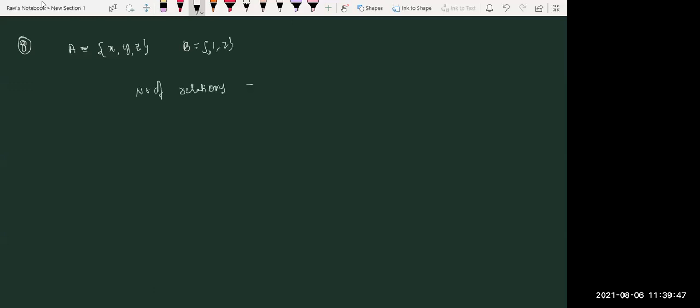How to find the number of relations? 2 power n of A into n of B. Very good. n of A is 3, so 2 power 6. What's the value of 2 power 6? 64. 2 power 5 is 32, right? Yes, sir.